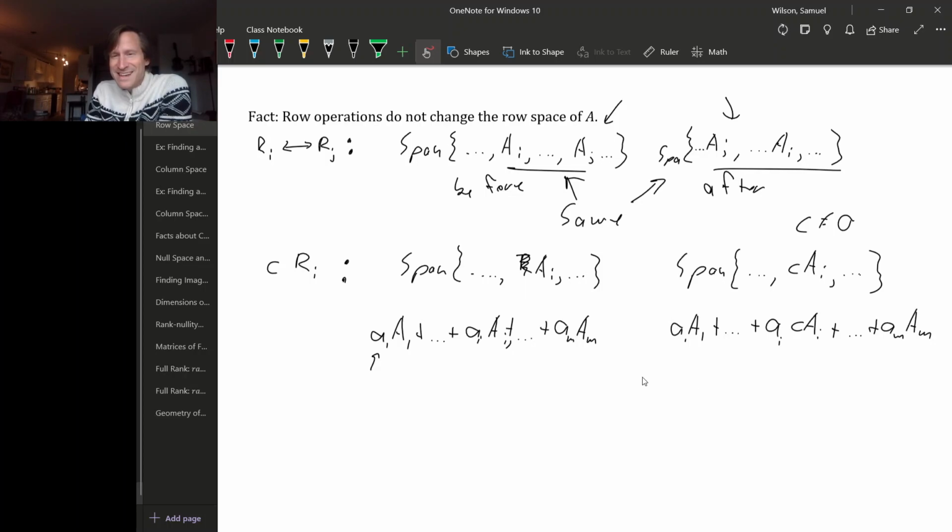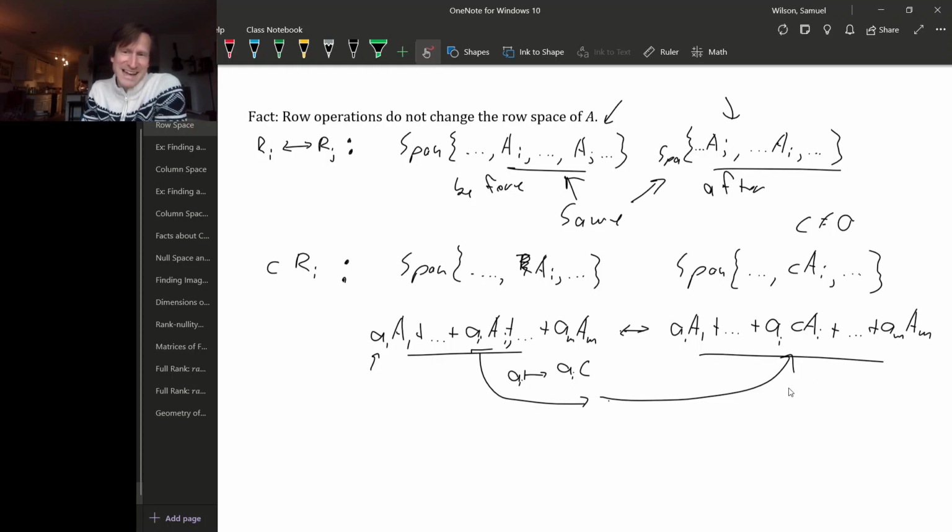Well, you can see that these two lists of linear combinations are actually exactly the same, because if we replace little ai in this one with little ai times c, we get that one. So these lists of linear combinations are exactly the same.